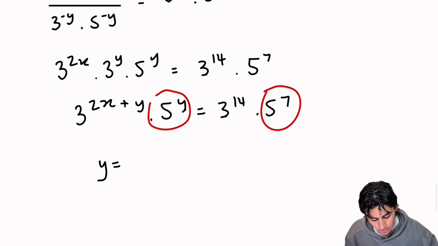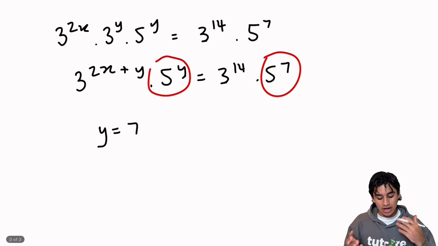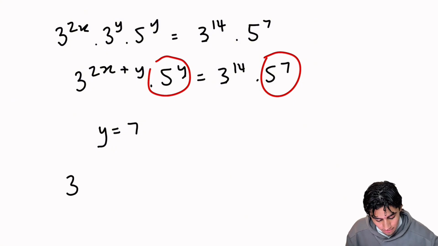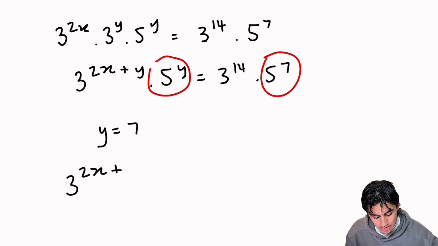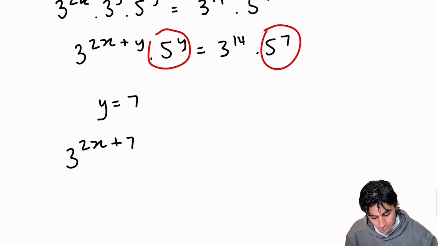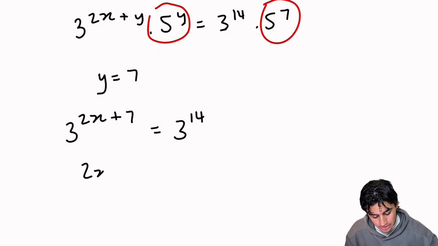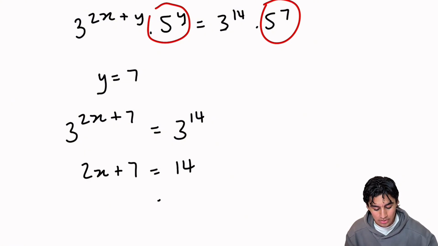So y equals 7. Then I do the other part of the formula and I have 3^(2x+y), and I sub in the y value that I just got, which is 7, and I make it equal the other base of 3. And because the bases are the same, I can drop the base and end up with 2x plus 7 equals 14.